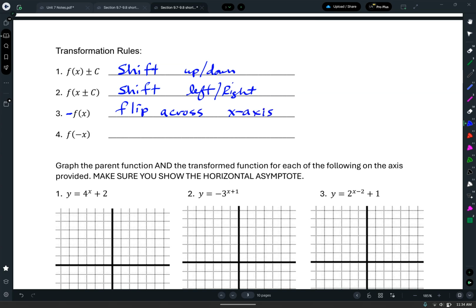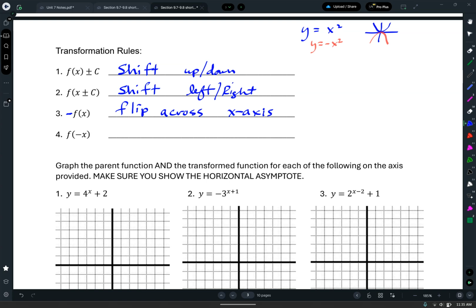Just to remind you, if I had the basic parabola, y equals x squared right there, and I put a negative out in front, if I think of it as -x squared, remember how now it's going that direction? It's flipped across the x-axis. Okay, same thing is true for all the parent functions.